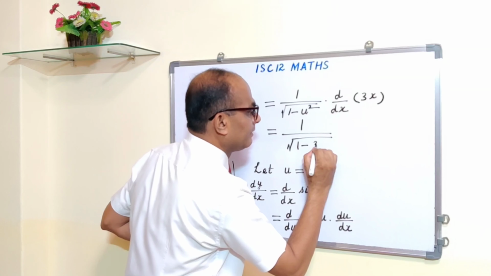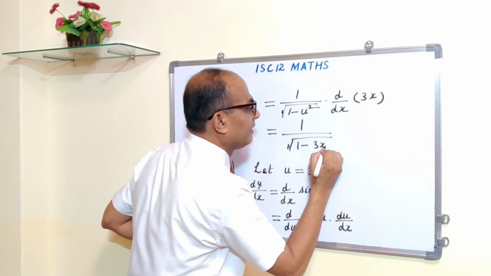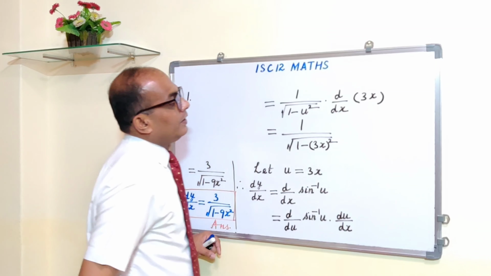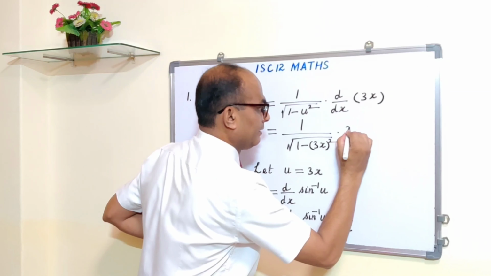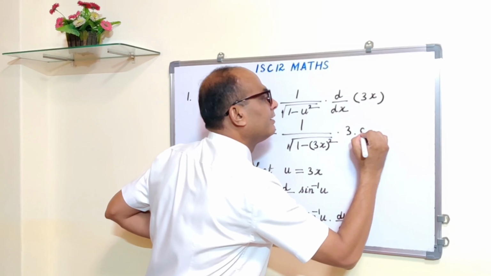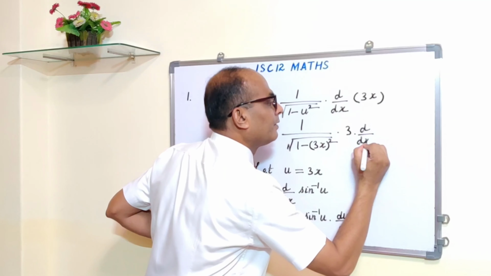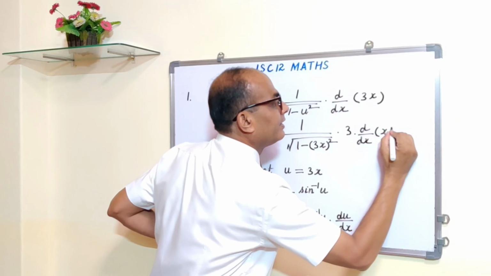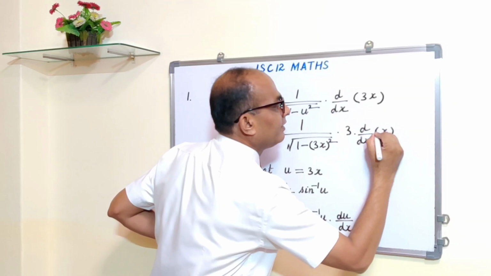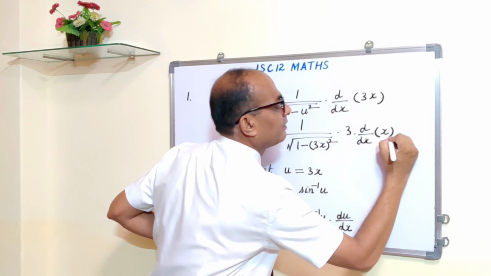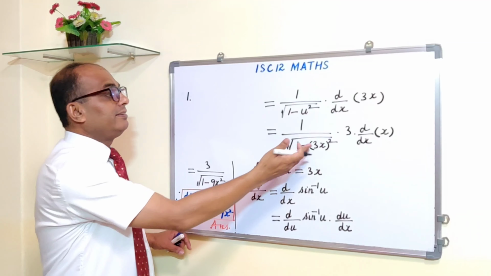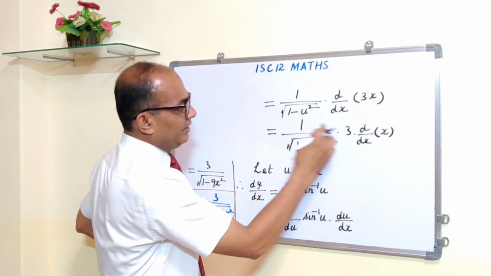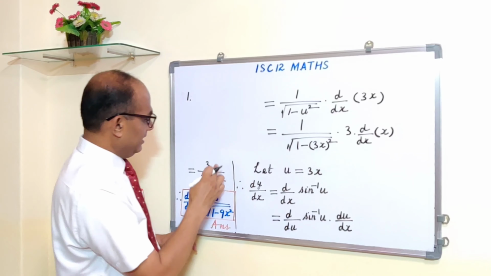Write down then 3x whole square, and 3 outside, d dx of x. You can write down in bracket if you wish to write. Fine. These steps are there in the first method. Now d dx of x is 1, so 3 into 1 into 1. That means 3 upon root 1 minus this one.